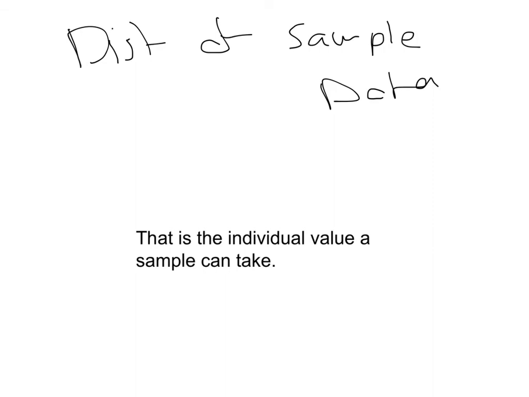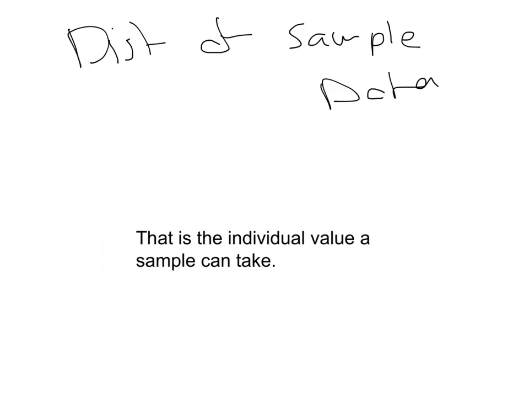The distribution of sample data is the individual value of a sample. Like, I rolled dice and I got a 5.25. That is the distribution of sample data. But the sampling distribution is going to be all the values that a sample can take.